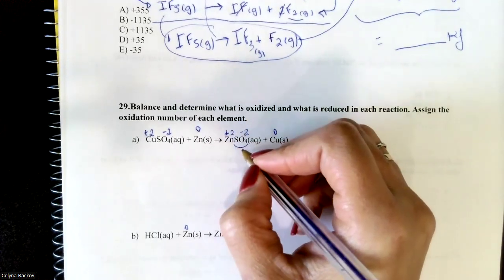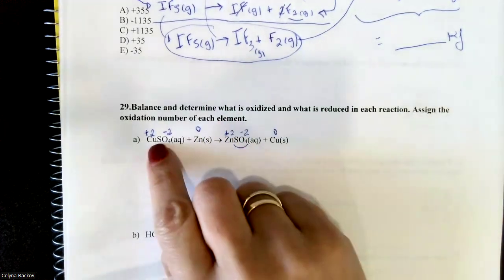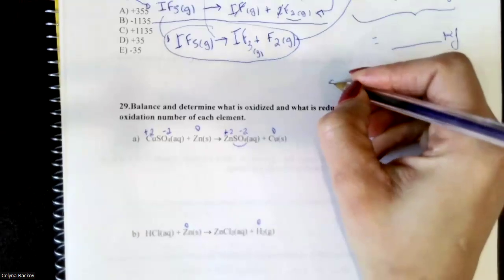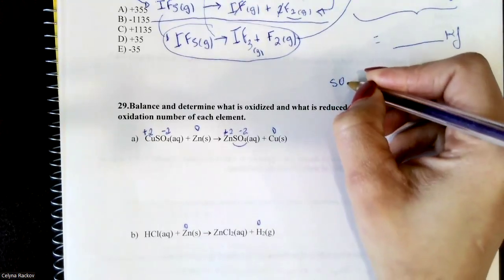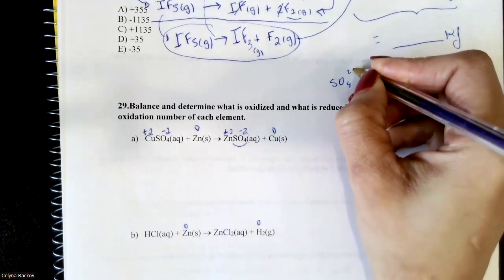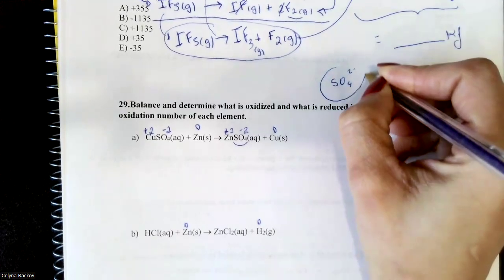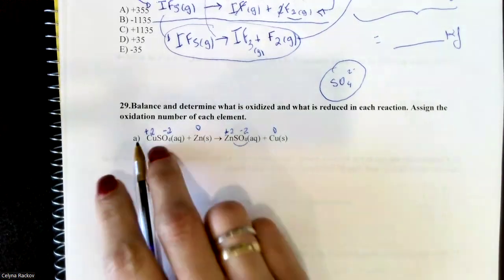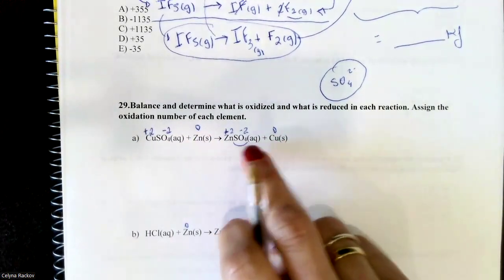And this is why we can figure out that the metals here will be +2, because the sulfate ion is -2. That's why we already knew that the copper will be +2 and zinc here will be +2.